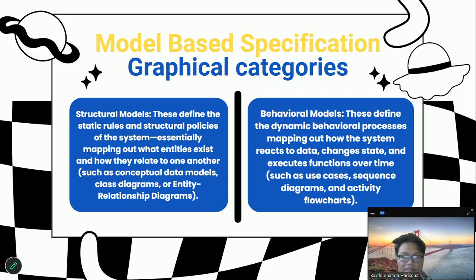And next, we got the behavioral models. These define the dynamic behavioral processes, mapping out how the system reacts to data, changes state, and executes functions over time. This includes use cases, sequence diagrams, and activity flowcharts.